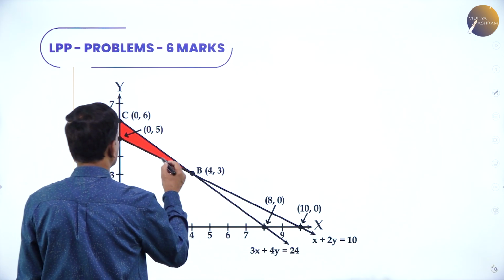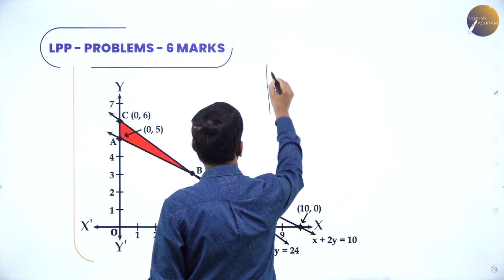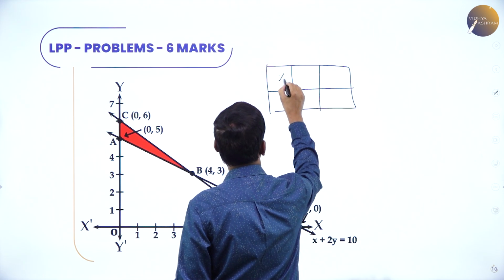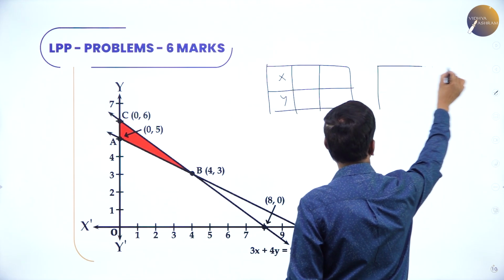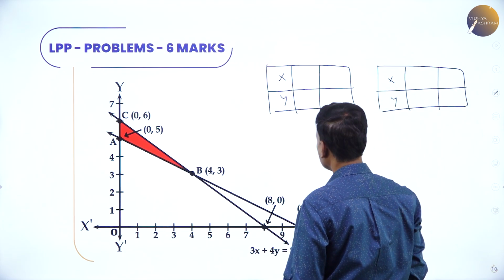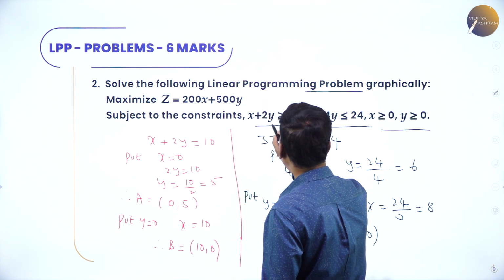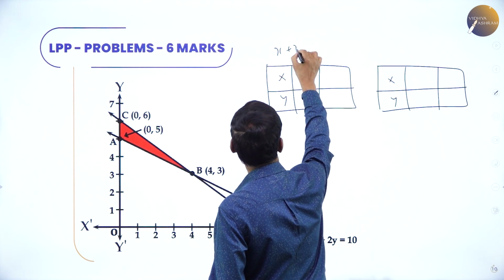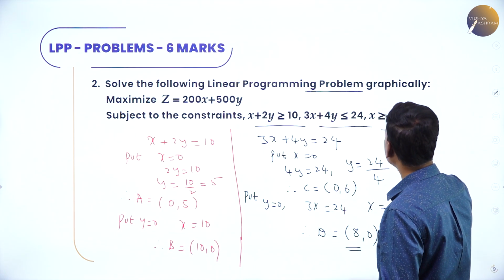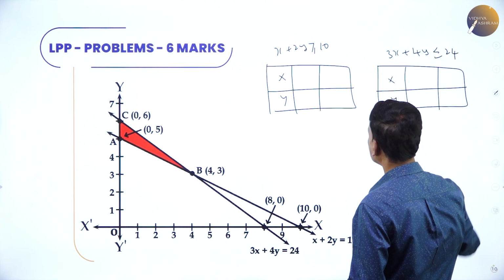So what is for the first curve? Let me draw the lines here, x and y. For the first curve, x plus 2y is greater than or equal to 10. Another one is 3x plus 4y less than or equal to 24.